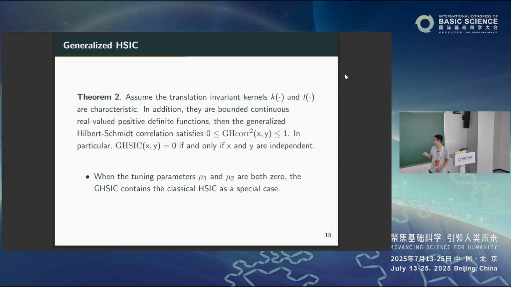We can show that this generalized HSIC is non-negative and equals 0 if and only if x and y are independent. More importantly, if we choose mu1 and mu2 to be both 0, the generalized HSIC reduces to the classical HSIC. That is why we call this the generalized HSIC.